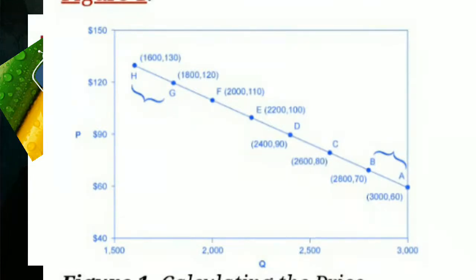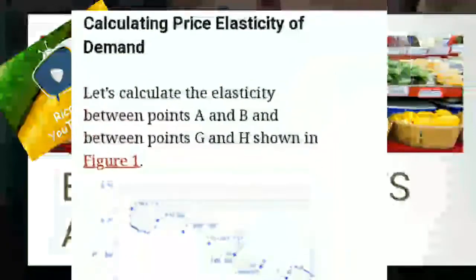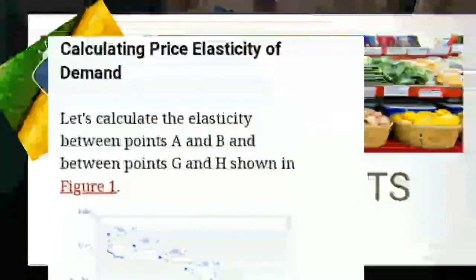For point H we have $130 for 1,600 quantity. Now let's compute the price elasticity of demand for this, to find out if these products are elastic, unitary, or inelastic. That is what we will find out.